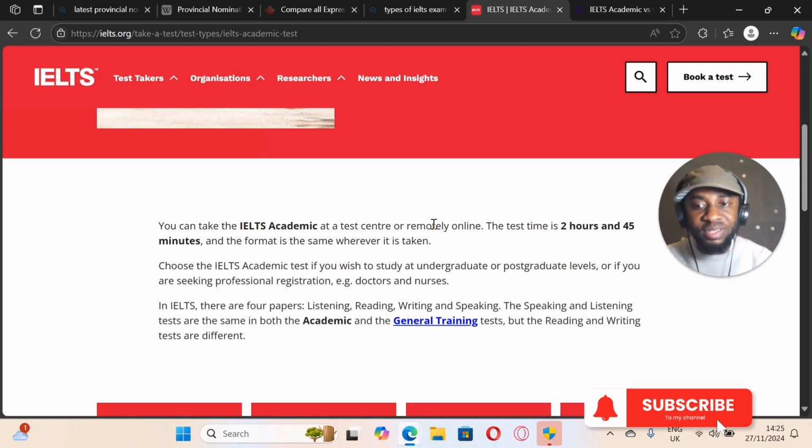There is no difference. So choose the IELTS Academic test if you wish to study at undergraduate or postgraduate levels. I think I've said this earlier. Or if you are seeking professional registration, for example, doctors and nurses. More often than not, we hear of our nurses going in to write IELTS.